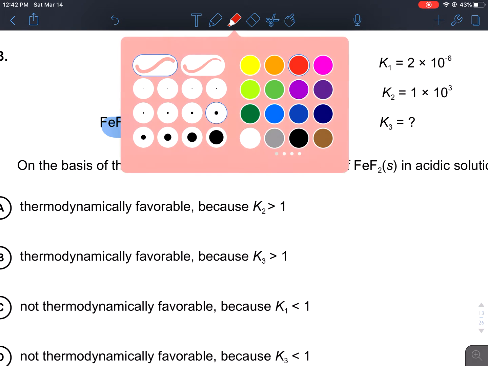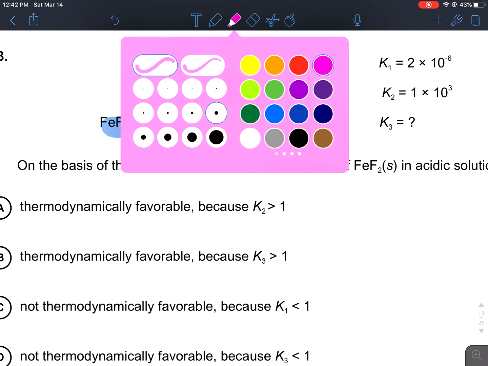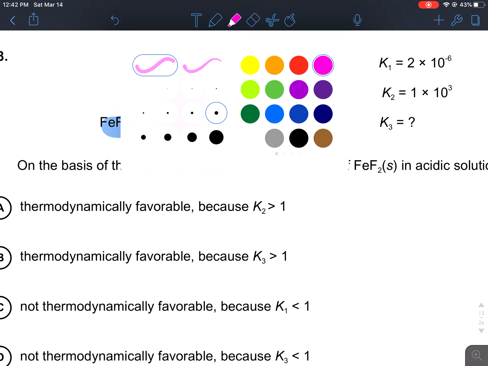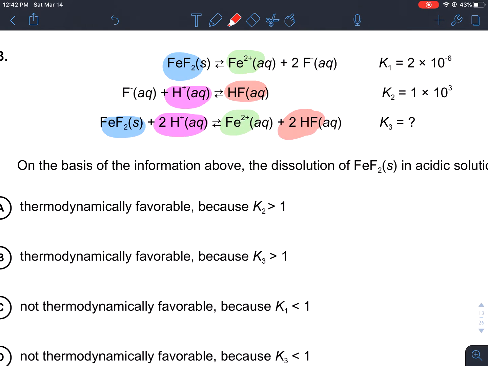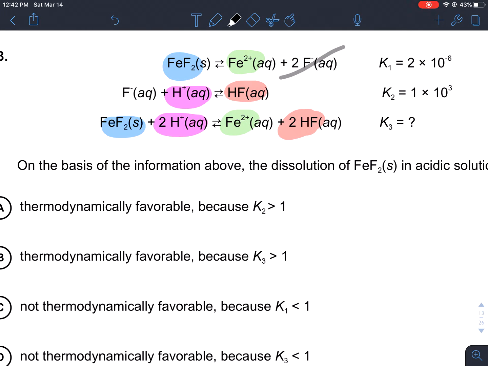You're going to have to get this HF to become a 2HF, and you're going to have to get this H plus to become a 2H plus. And for these to cancel out, you're going to have to get that F and that F to cancel out. But obviously you need to multiply this whole thing by 2.